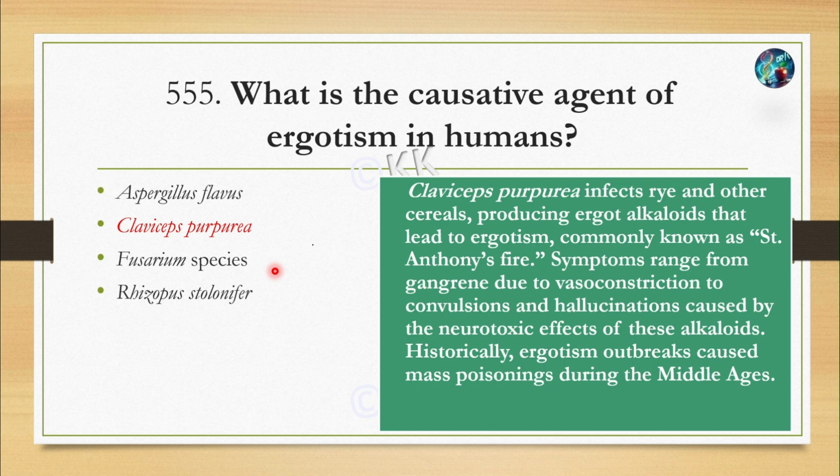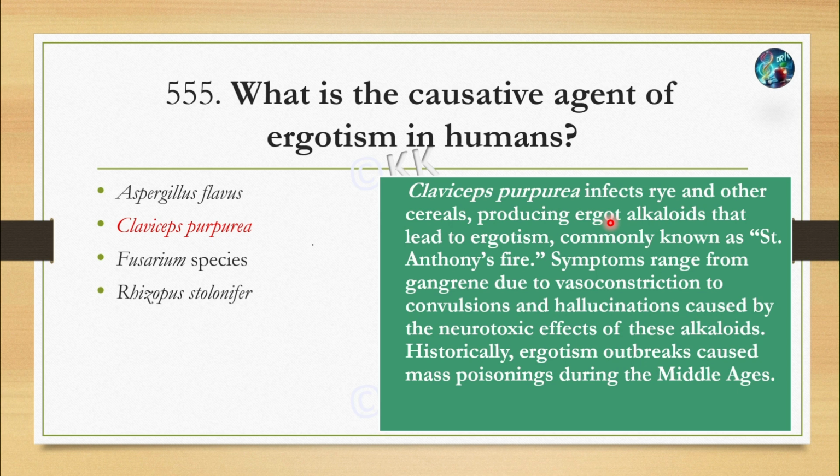Claviceps purpurea infects rye and other cereals, producing ergot toxins that lead to ergotism. The ergotism disease is commonly known as St. Anthony's fire, with syndromes ranging from gangrene due to vasoconstriction to convulsions and hallucinations caused by neurotoxic effects of these alkaloids.